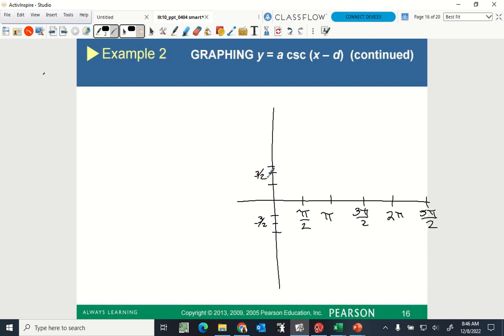And my function was y equals 3 over 2 sine of x minus pi over 2.